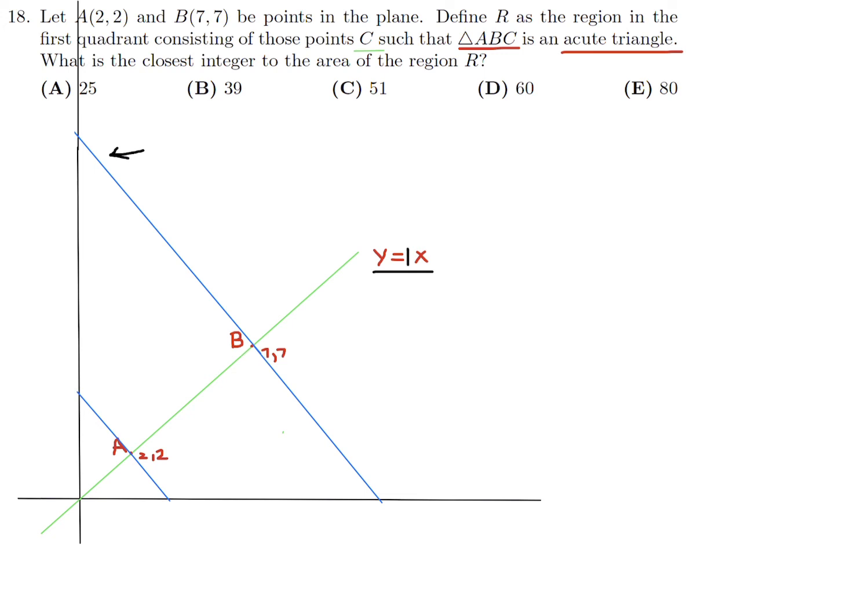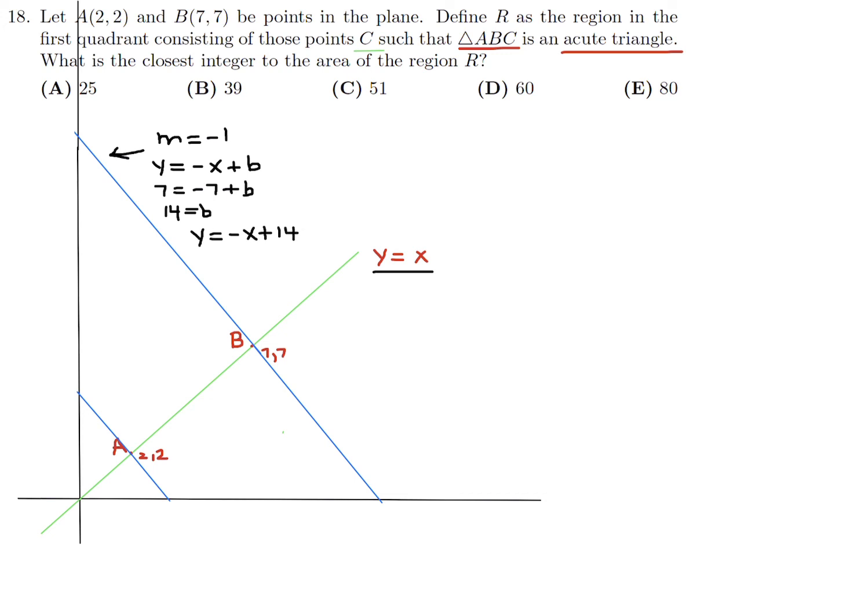So if this line has a slope of 1, this line has a slope of negative 1. Therefore y = mx + b, so it would be y = -x + b. To figure out b, you just substitute the point (7, 7). You get 7 = -7 + b, and therefore b is equal to 14. So this equation is y = -x + 14.